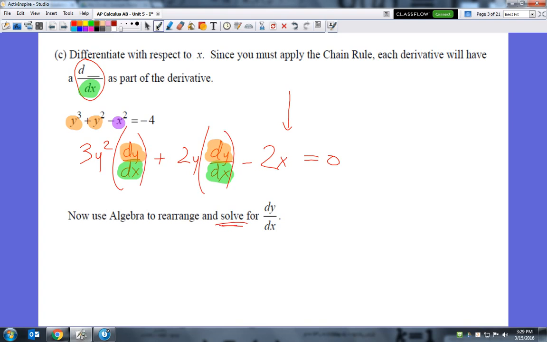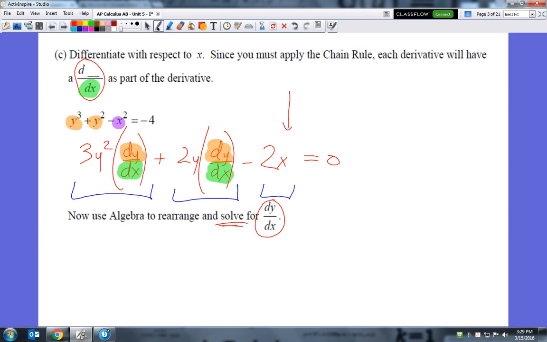So if we solve for dy/dx, because again, our goal when we're implicitly deriving is to get f prime of x alone, or y prime, or dy/dx alone. So from here, I have 3 separate monomials. I have this one plus this one minus this one.